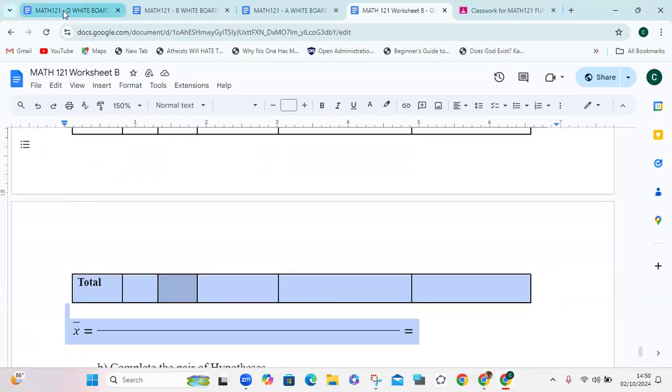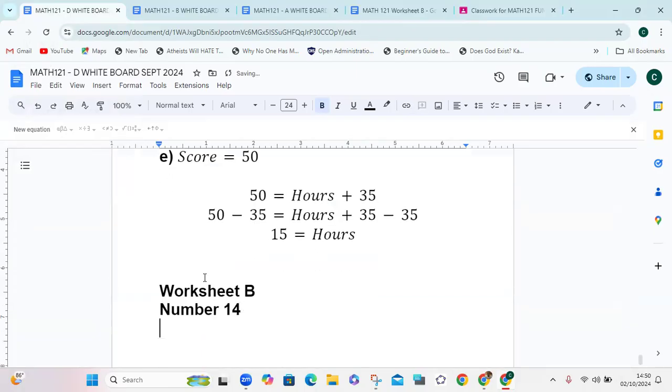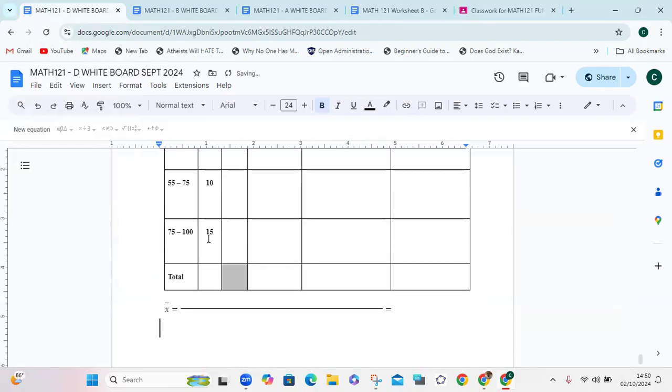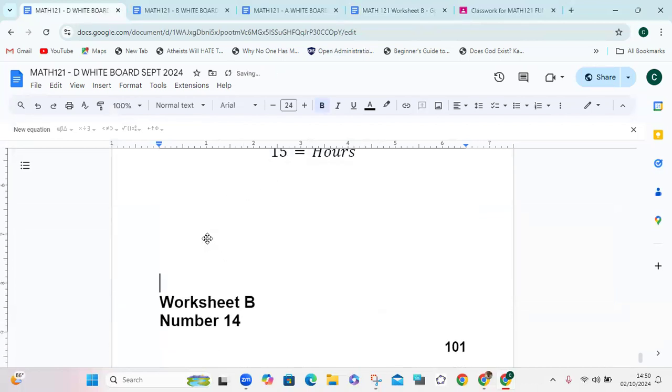So we can transfer this to the whiteboard. And here we have our table copied and pasted.